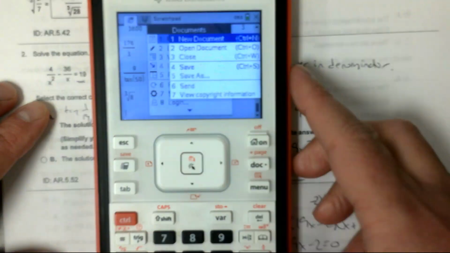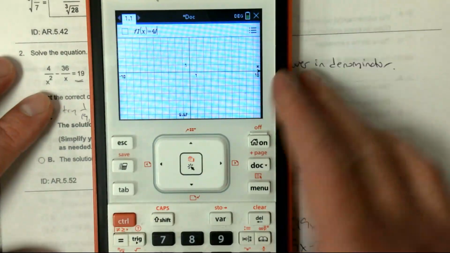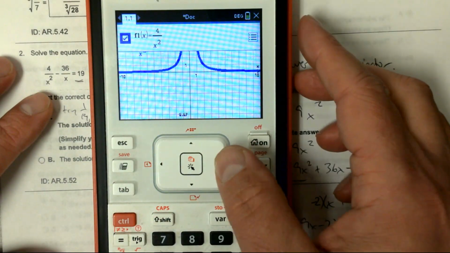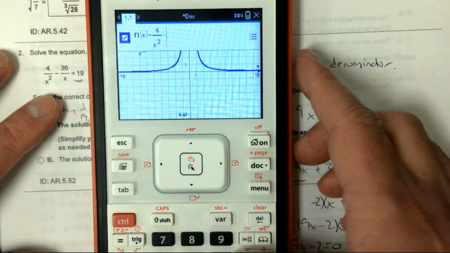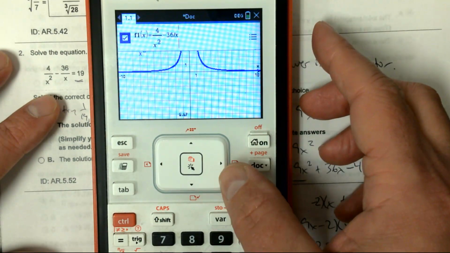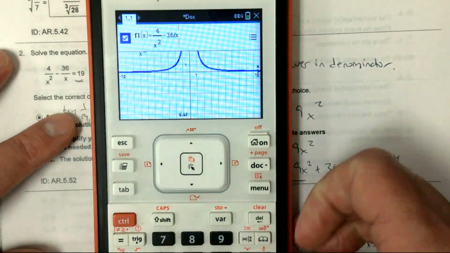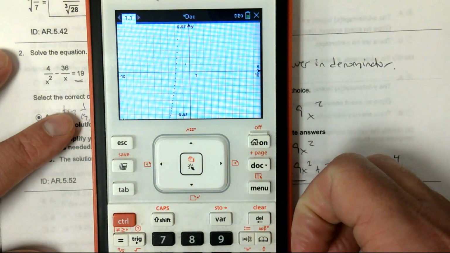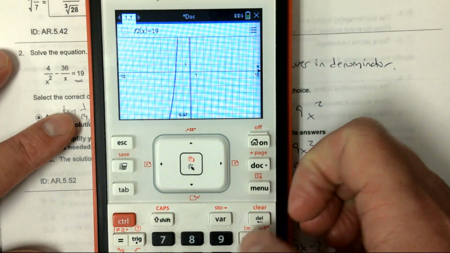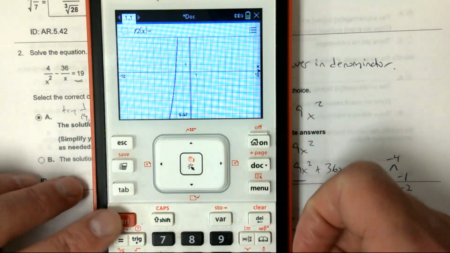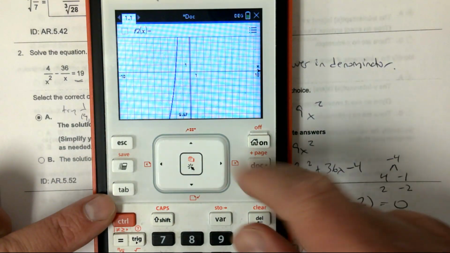So, for example, if you want to take a completely different approach with using your calculator, 4 over x squared minus 36 over x equals 19. I'm going to have to say minus 19. And then you're going to want to see where it crosses.